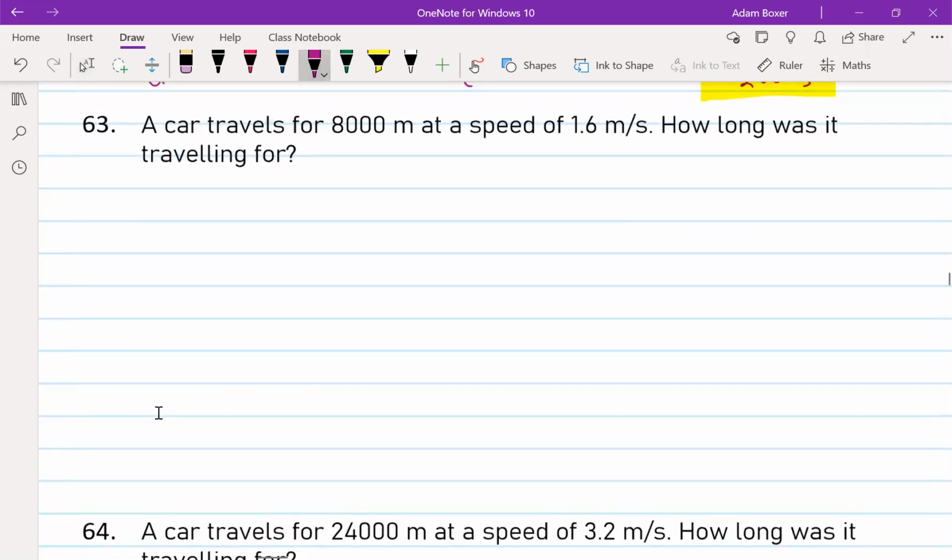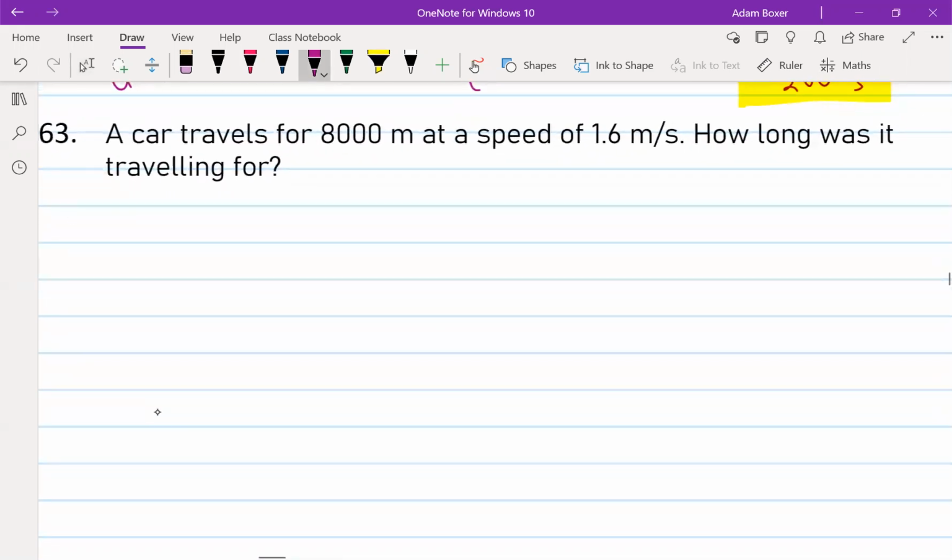Right. Car travels for 8,000 meters at that speed. D, E, S, C, U. And I'm going to do these quickly now, okay? Because we should be pretty good at these by now.